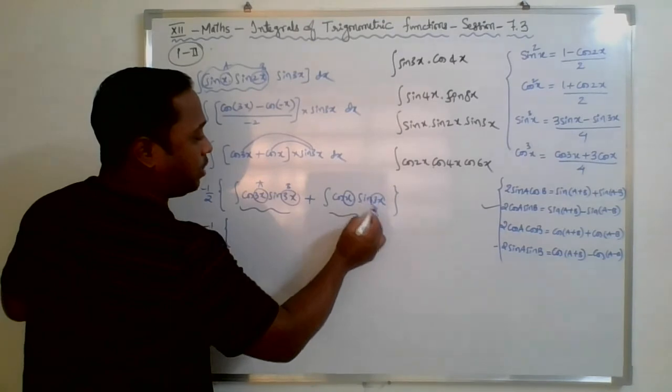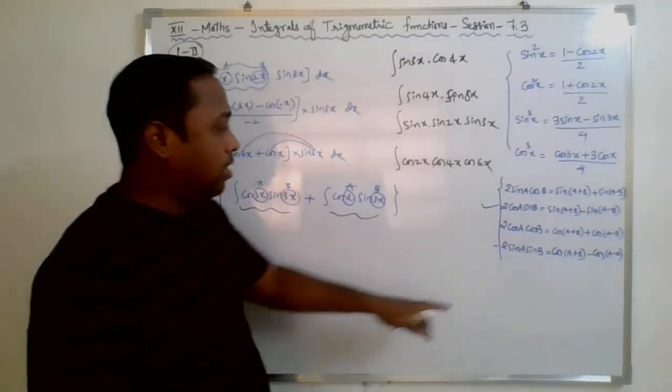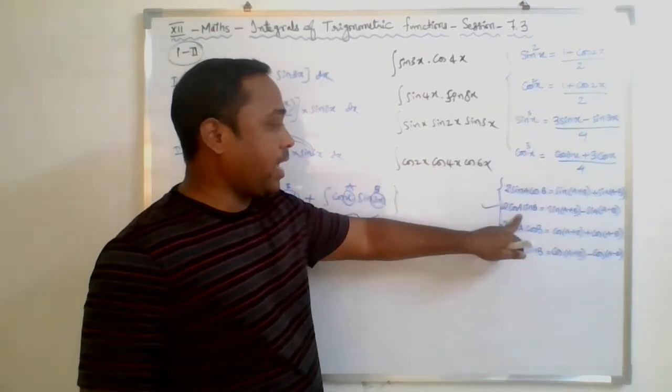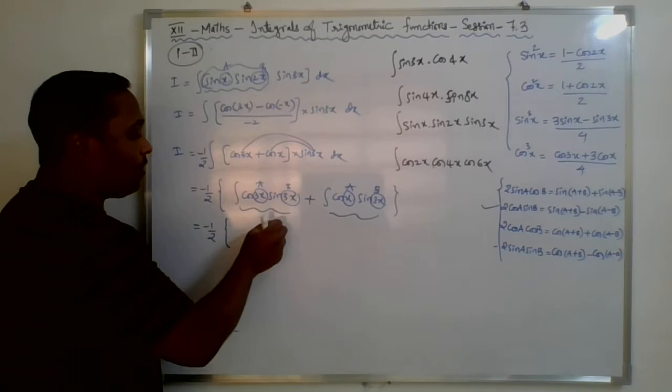Here again cos a into sin b, the second formula repeats.